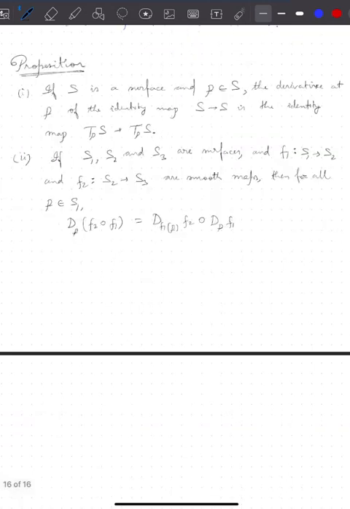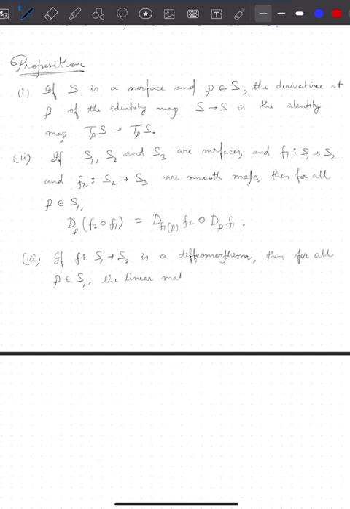And the third point is, if F from S1 to S2 is a diffeomorphism, then for all vector P that is an element of S1, the linear map d_P F from T_P S1 to T_F(P) S2 is invertible.